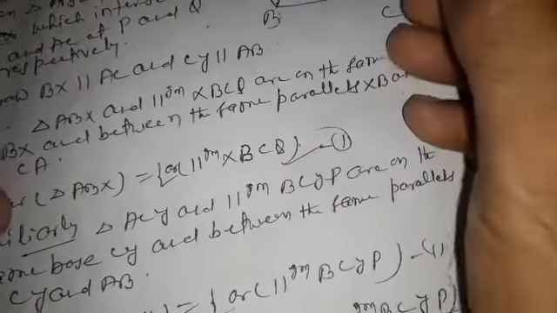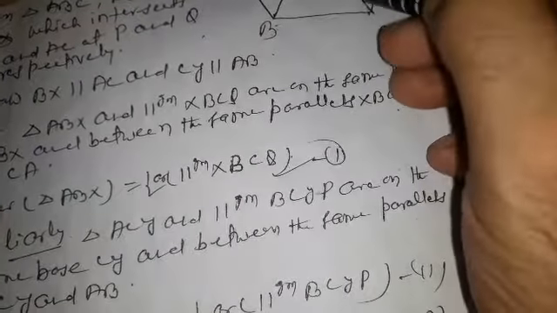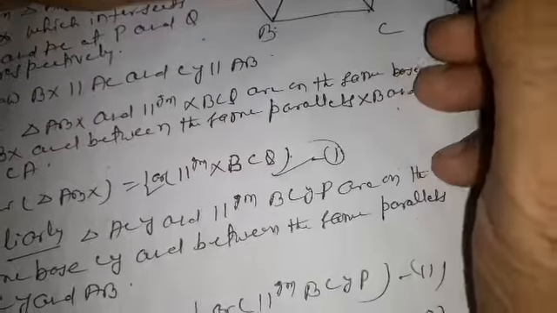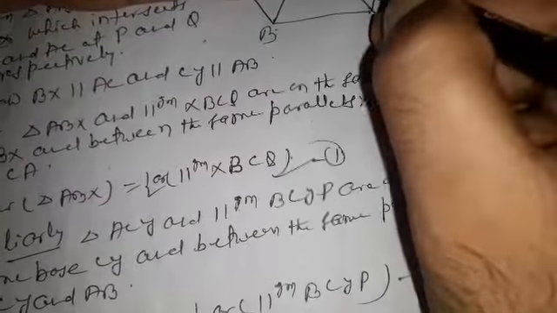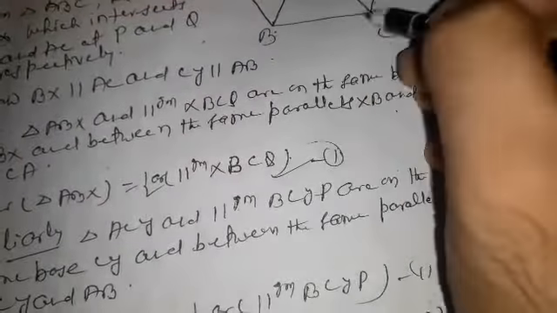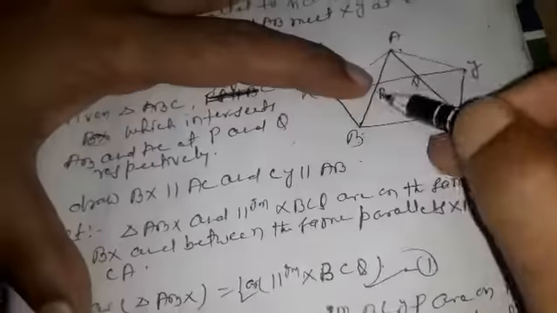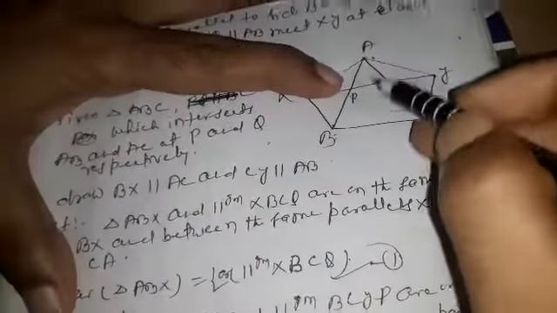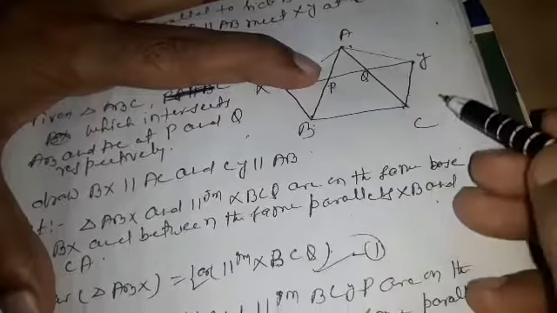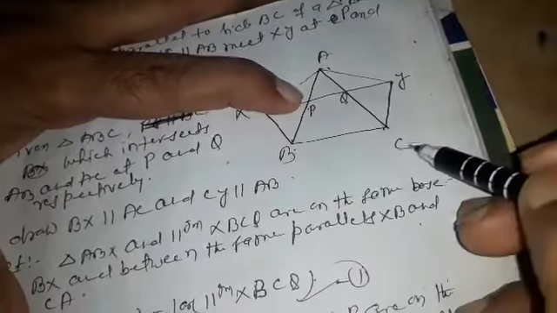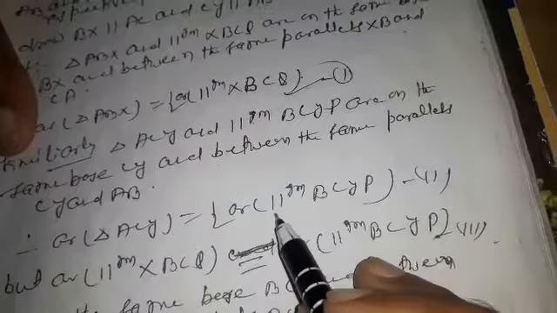Next, similarly, triangle ACY and parallelogram BCYP are on the same base CY and between the same parallels AB and CY. So the area of triangle ACY is also half the area of parallelogram BCYP.